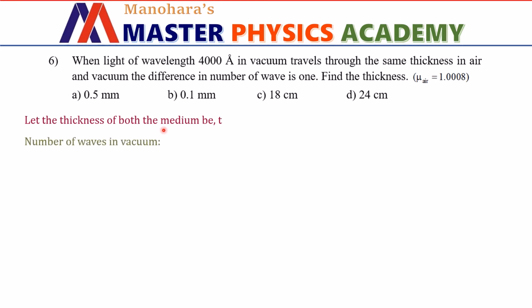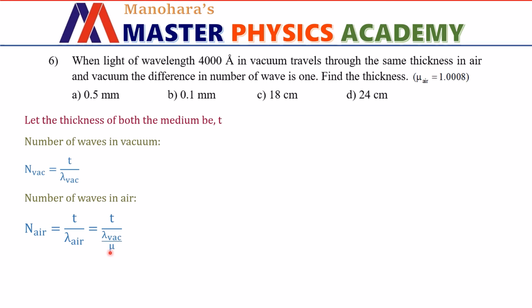So we may find the number of waves in vacuum as T divided by lambda in vacuum, and similarly the number of waves in air can be obtained using the formula T divided by lambda in air. But also the wavelength in air can be written as wavelength in vacuum divided by refractive index of air.